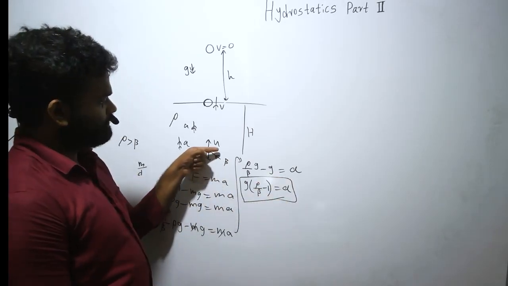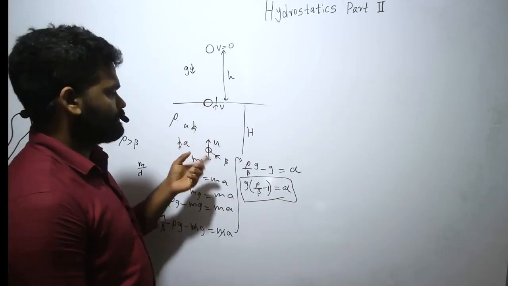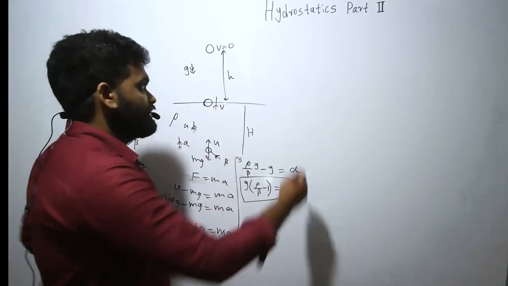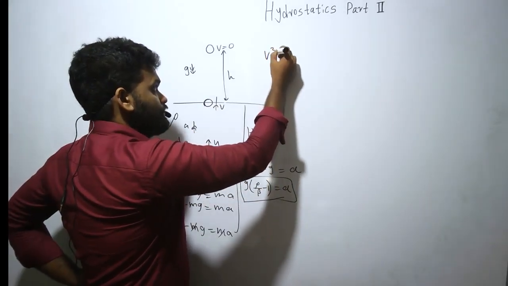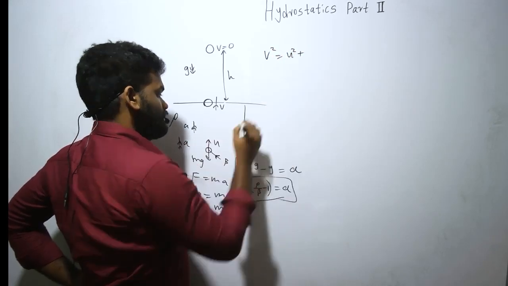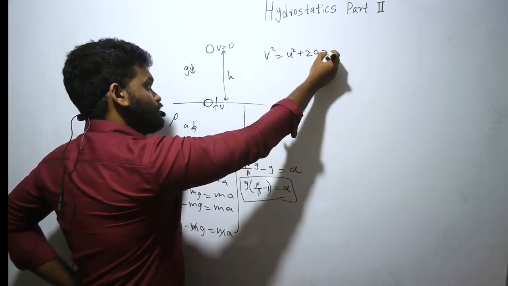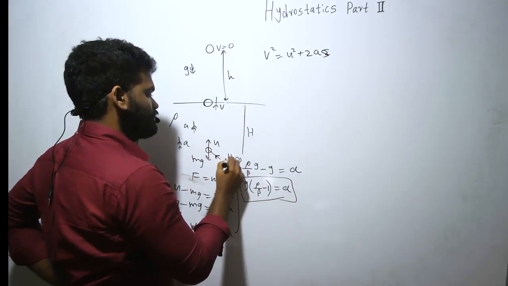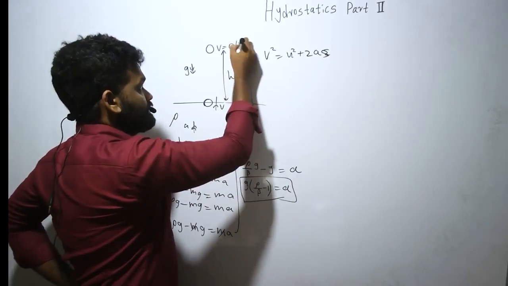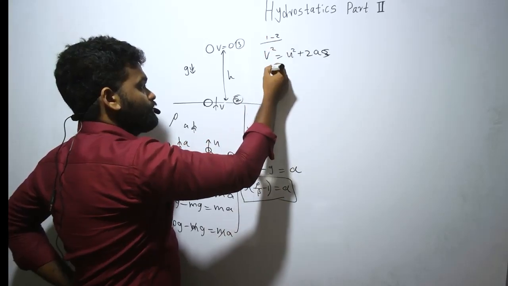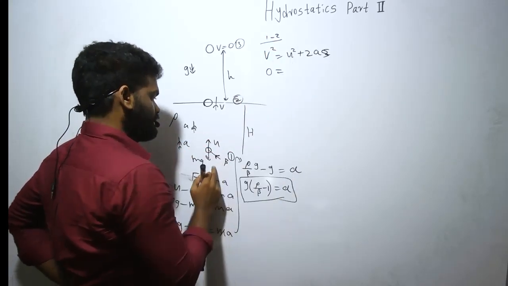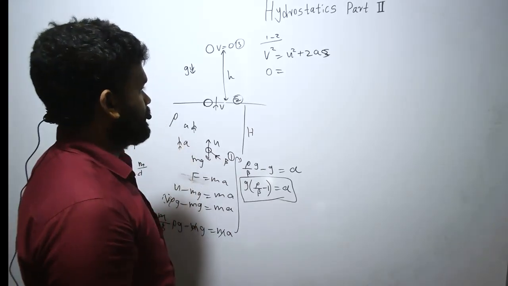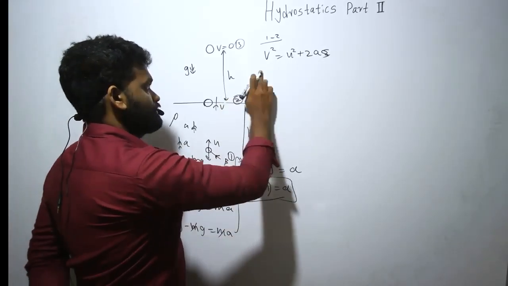Then I'm going to apply a motion equation from here to here. So there's no time involved, so the suitable one is v squared equals u squared plus 2as. So the final velocity, it is here. So I'm applying from 1 to 2. This is, let's say 3. Sorry, final velocity is v, right?